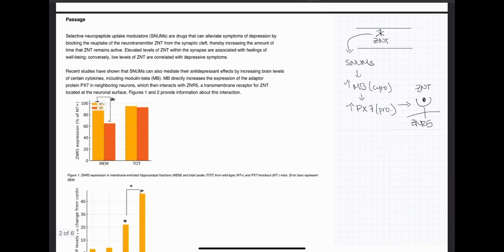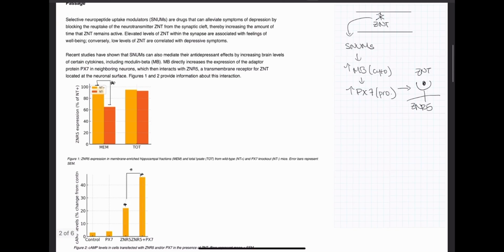Let's go to figure 1. Figure 1 is showing ZNR5 expression in the membrane-enriched hippocampal fraction and the total lysate from wild type and PX7 knockout mice. So our independent variables, this is also helpful breaking down.